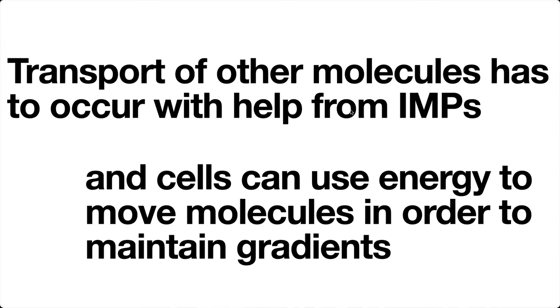So just providing passages for molecules to get through is great, but once they get through, then you're losing your gradient. So you can't just keep moving things through in that passive manner. You need to actually use energy to move molecules to maintain the gradient to drive the transport through passive transport, as well as move molecules in order to just move them where you want them.